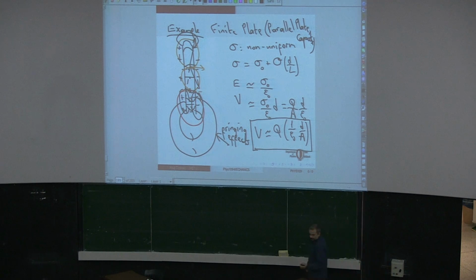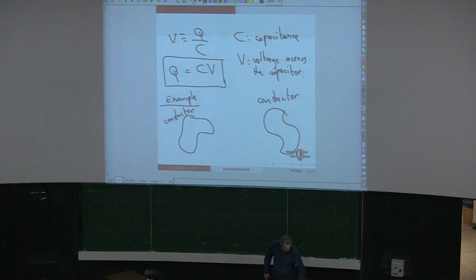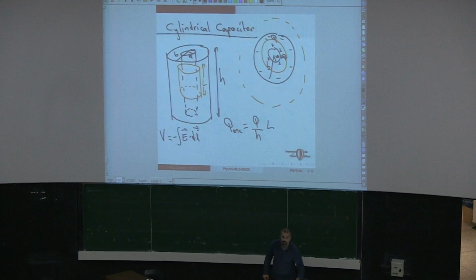Now, we did the same thing for this cylindrical capacitor, where instead of having two flat plates, we had two cylinders, one inside the other one. And again, what we did was we just carried some charge from one plate, put it on the other plate, and calculated the potential difference.